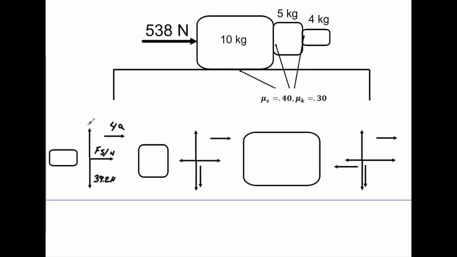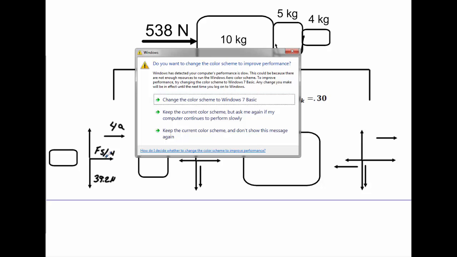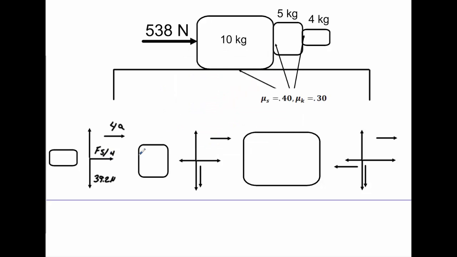Alright, the only other force we're going to have is the frictional force. Now you have two coefficients, a static and a kinetic. If the normal force is large enough to prevent this object from sliding down, then we're going to use static friction. If it is not large enough, then we'd have to use kinetic.